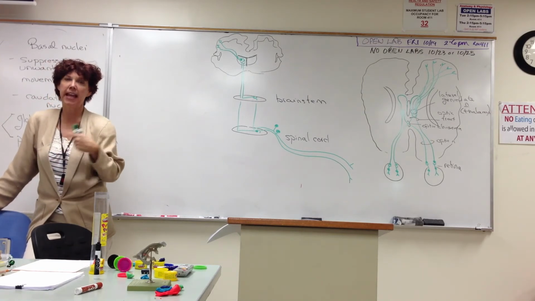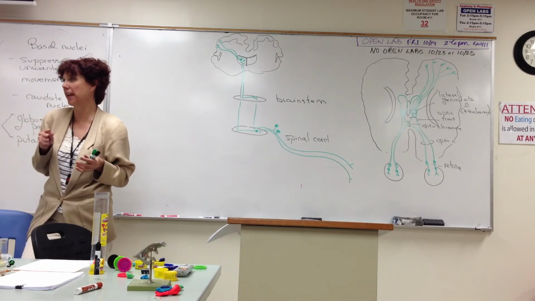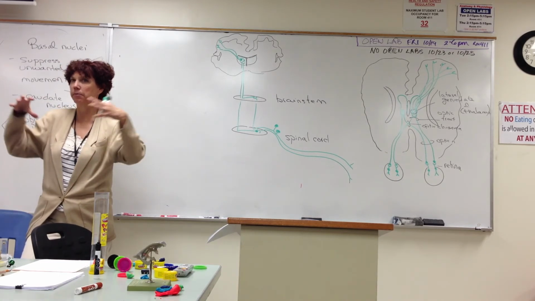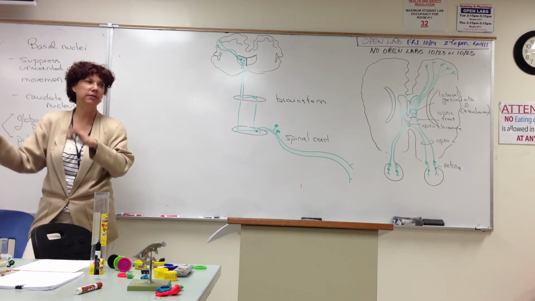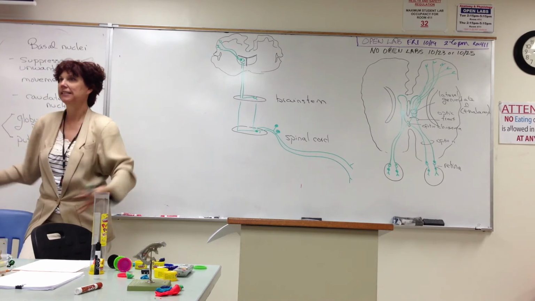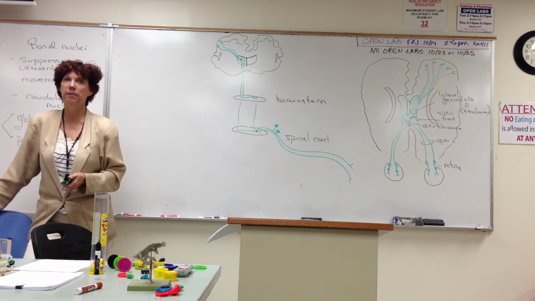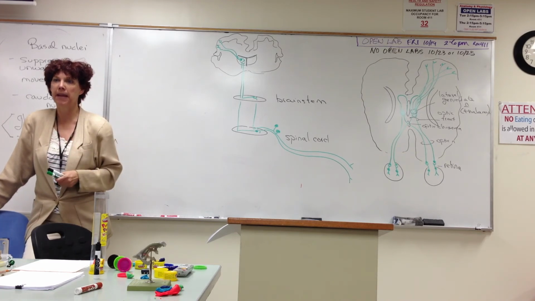So if they jab your hand with a pen, you'll move your whole body rather than just your hand. All right, because without the cortical function of the parietal lobe, you're not able to localize it as your hand. You'll feel the pain, but it won't be acknowledged. You won't know where in your body that pain is coming from. So the entire body will try to get away from the pain.